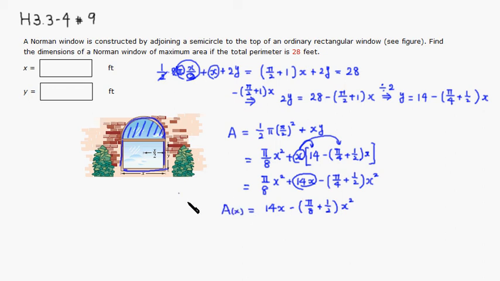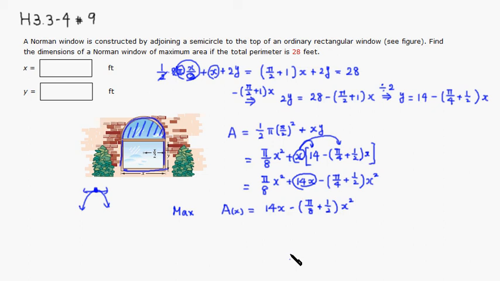We want to maximize this area function. If you look at this function closely, this is a quadratic function with a negative leading coefficient, which means it's a concave down, or downward-facing, parabola. That means the max is going to occur at the vertex, which is also a critical number.